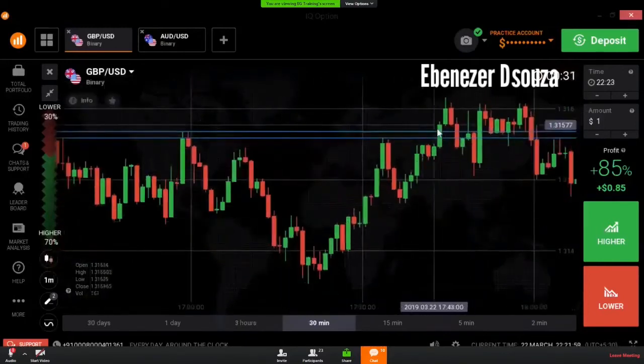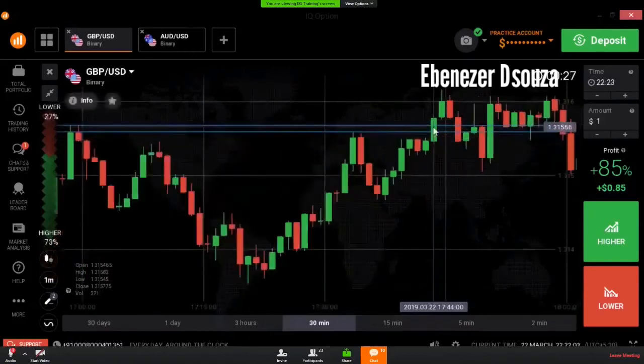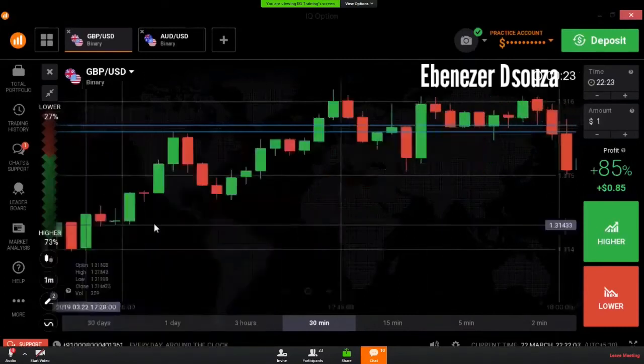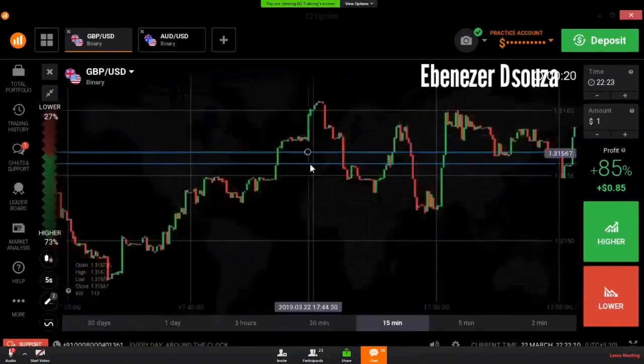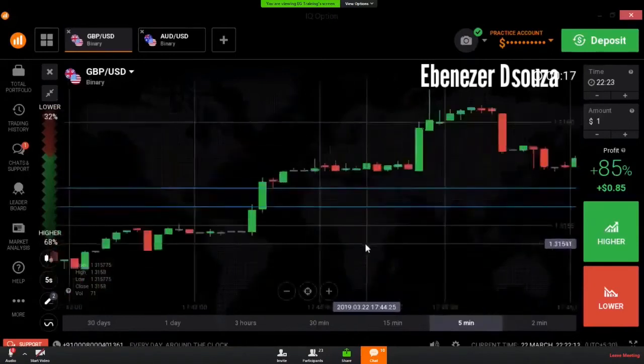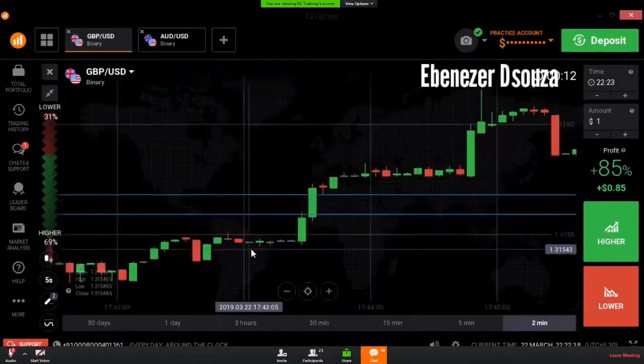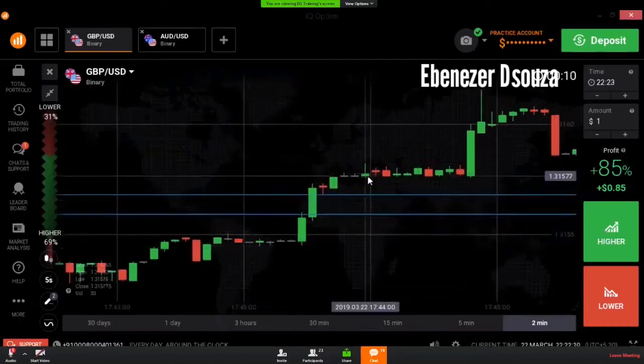Here you are seeing a breakout candlestick in this area. If you get any breakout candlestick, any confirmation candlestick on the next candle, you can place your trade. Here there is a breakout candlestick.